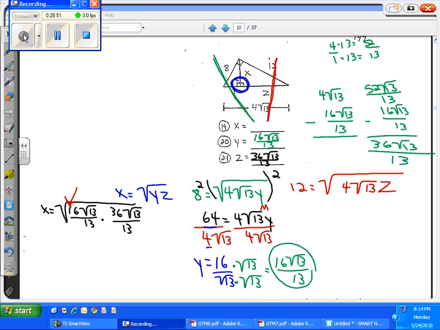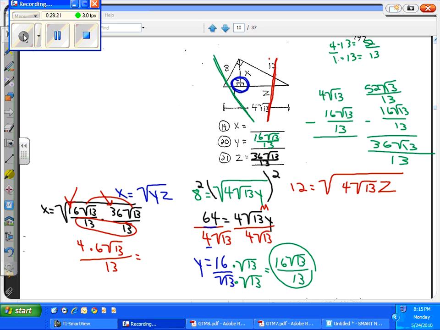That's under a square root, 4. What times itself is 36? 6. We have a pair of square root 13s, and we want what times itself, so we have that twice, so we pull 1 out. We have 13 twice on bottom, so we pull 1 out.